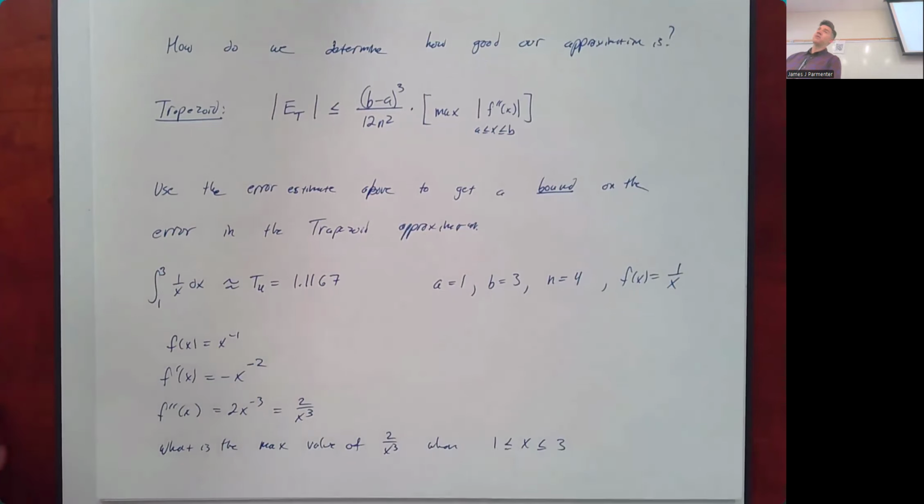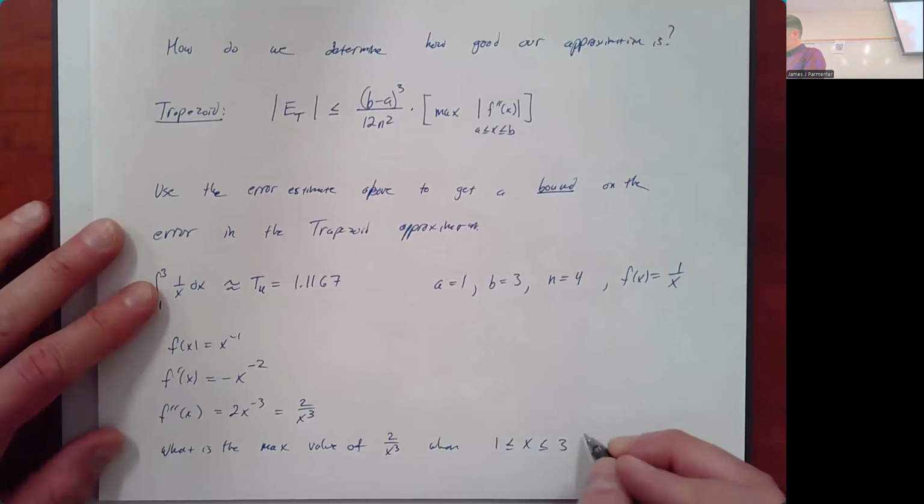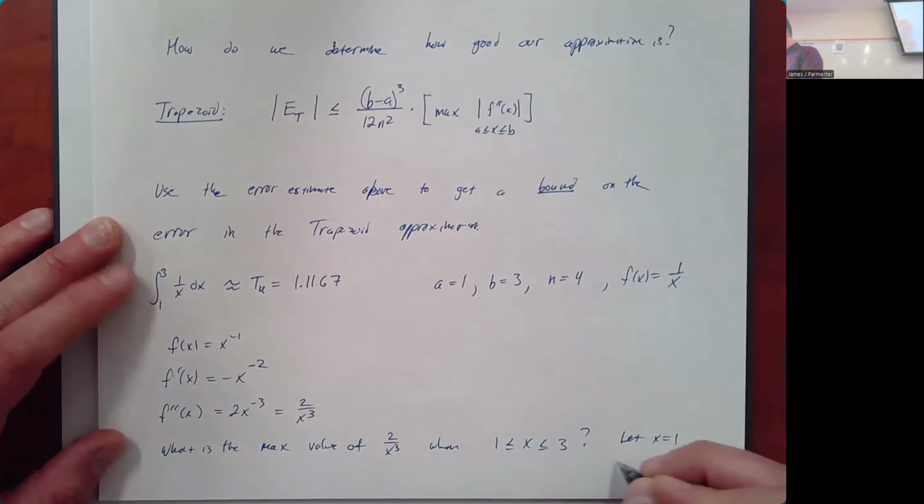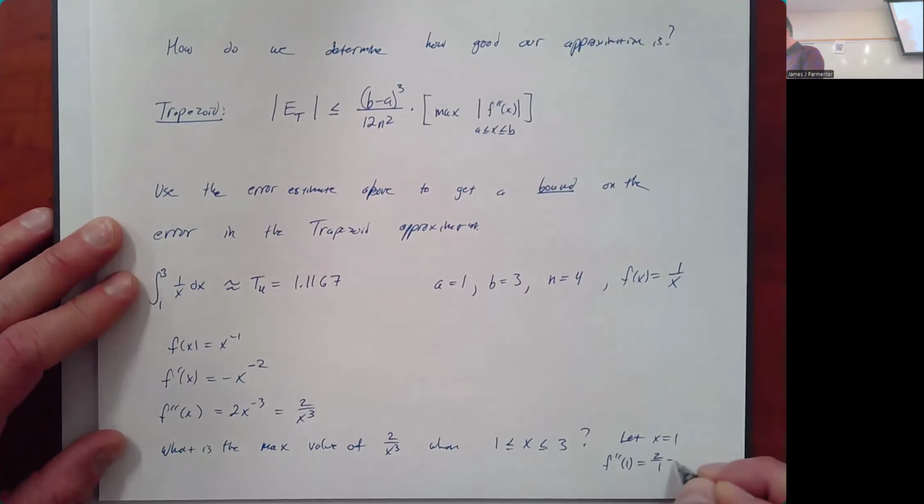Sometimes this is easy, sometimes this is hard. In this example, it's relatively easy because 2 over x cubed gets smaller and smaller as x gets larger and larger. So we know this is going to be maximized when x is equal to 1. So let x equal 1, and then f double prime of 1 is equal to 2 over 1, which is 2.